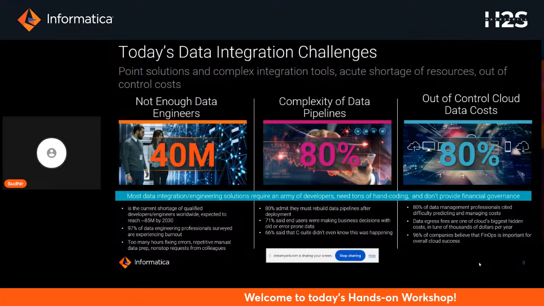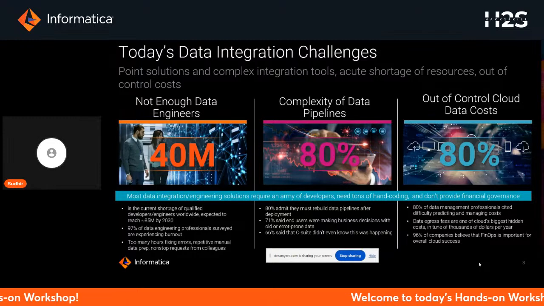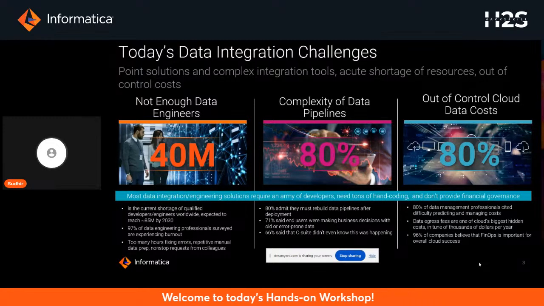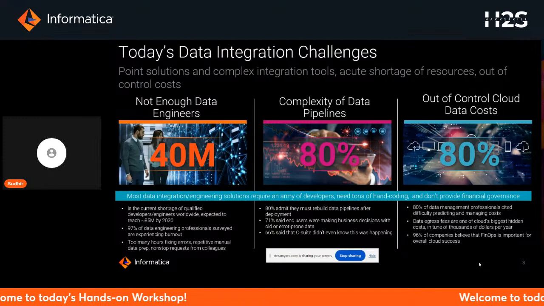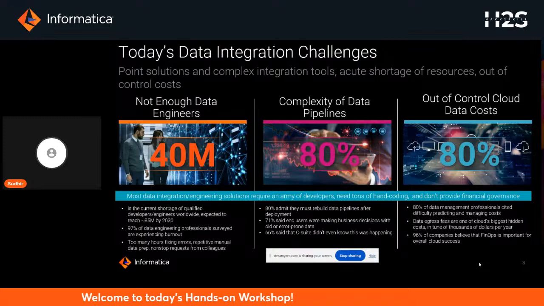That comes with the complexity of data pipelines and, more importantly, the cost of cloud data. We need to make sure our data pipelines are very efficient, considering the amount of cloud ecosystem in use nowadays. Without efficient data pipelines and an efficient data management process, you might end up spending a huge cost on maintenance.